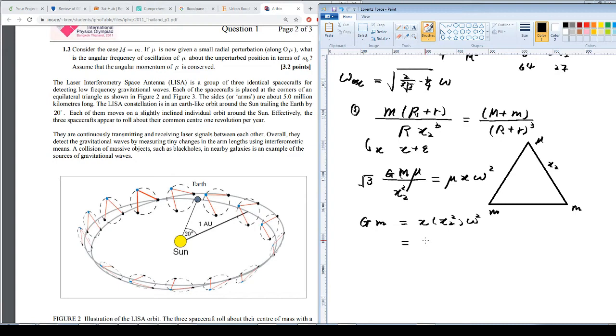And then we also use the fact x2 squared is x squared plus r squared. That's good. Then what we do is we introduce the disturbance. Where's the square root of 3? There's still a square root of 3. Yeah, thank you.